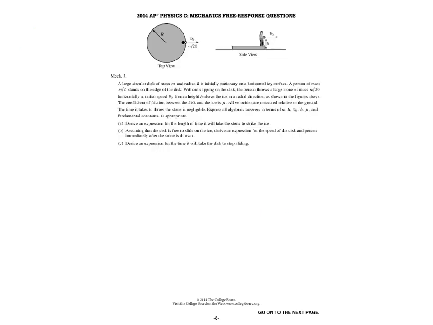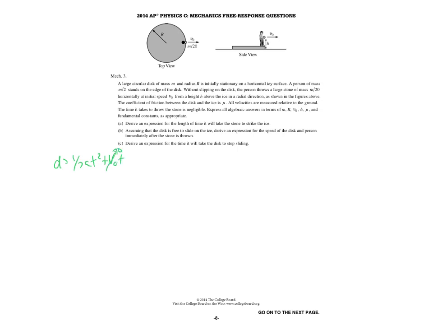Part 3. Okay, so this one was also fun, I thought. For A, we're going to derive an expression for the length of time it will take the stone to strike the ice. Height is the only thing that matters there, since he throws it horizontally. So d is equal to 1/2 at squared plus v naught t.